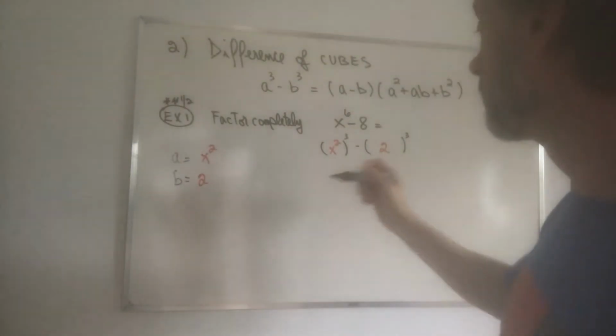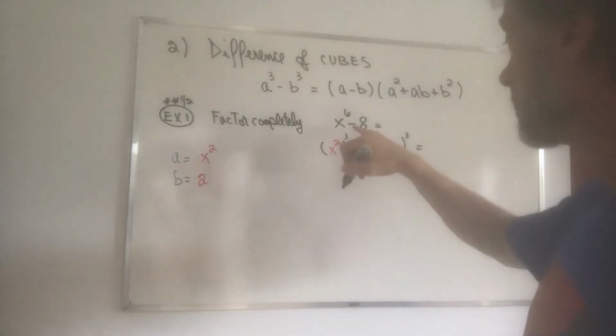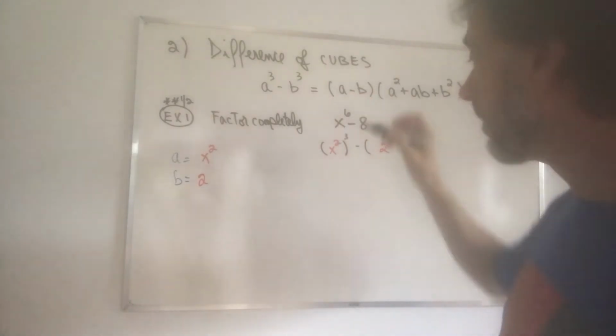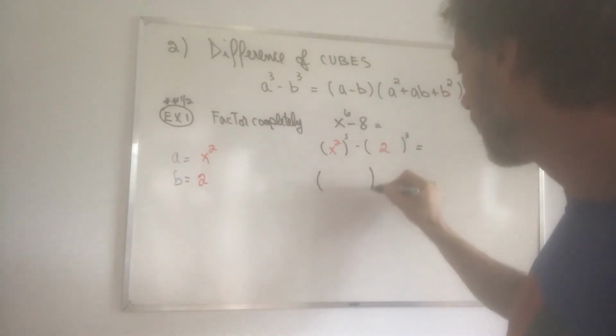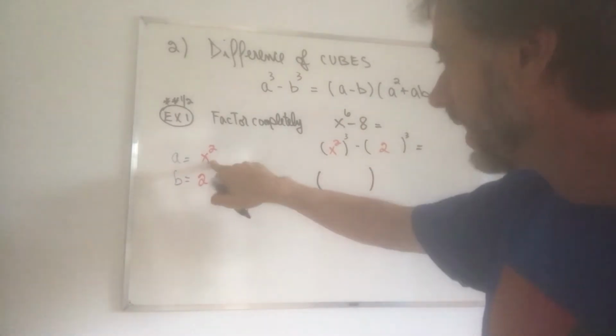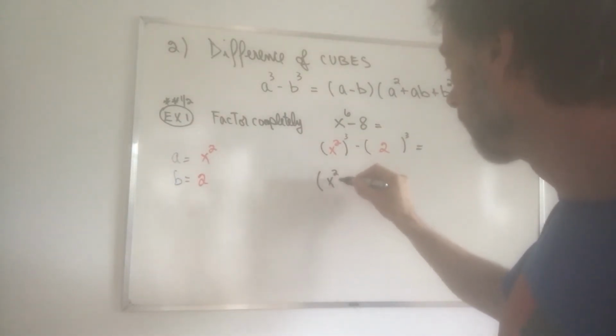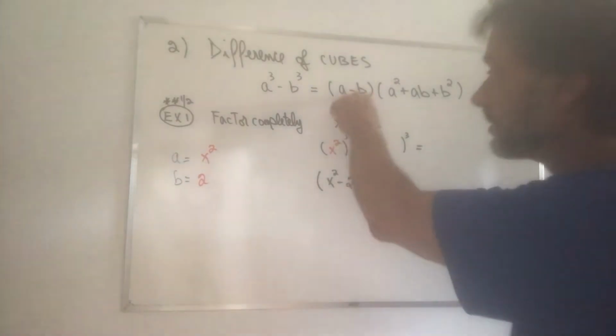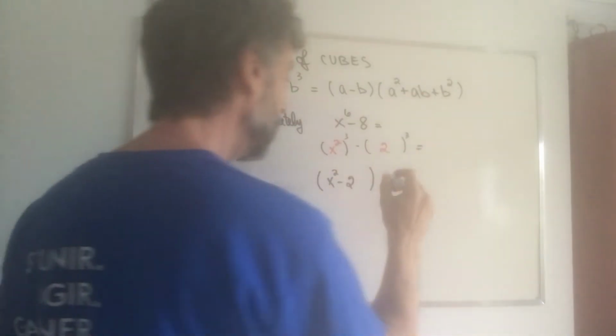So x^6 minus 8, written this way, shall be written as a minus b, so a is x^2 minus b is 2. So that's the a minus b in the expression here. And now this one, a squared plus ab plus b squared.